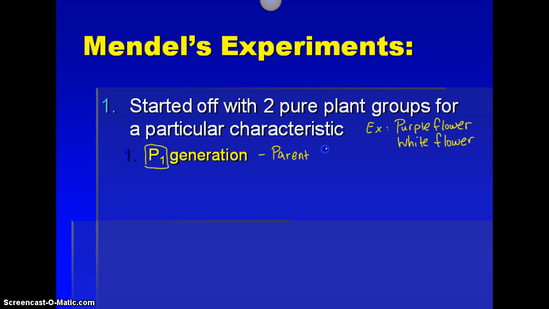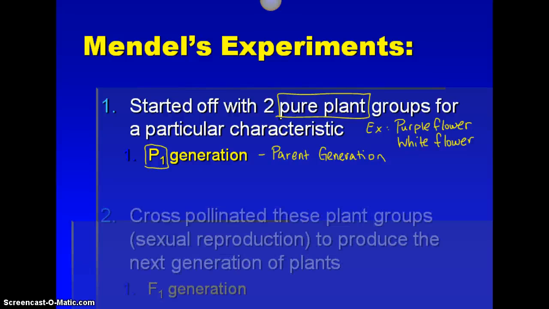That's what that P stands for. And he made sure that they were pure for that trait. Now, in pea plants, they actually self-pollinate, meaning that they don't cross their genetics or their traits with any other plant. So since they self-pollinate, he was sure that they were pure for that particular trait. They didn't have anything mixed in with their trait.